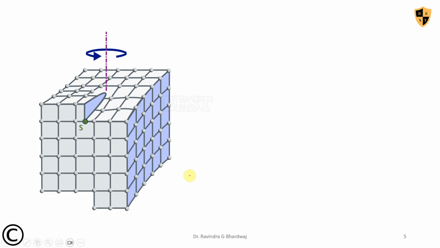To create the Burgers circuit, as we learned in the edge dislocation, we move through the crystal with the same distance in all directions and come to a final position. We will do the same here. We move from left to right a distance of 1.5, where this is 0.5 and this is 1, to a place where the lattice is no longer distorted.